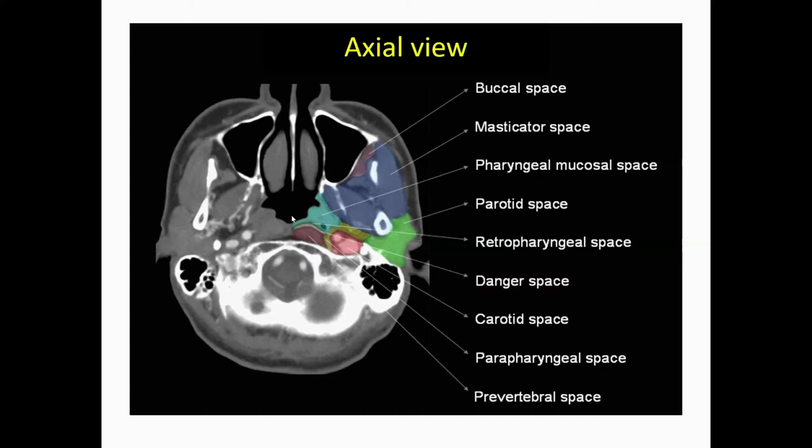Whenever a tumor is confined to the pharyngeal mucosal space, or involves the nasal cavity or extends down into the oropharynx, it is not T2. Whenever a tumor spreads beyond the pharyngeal mucosal space, then it becomes a T2 disease.